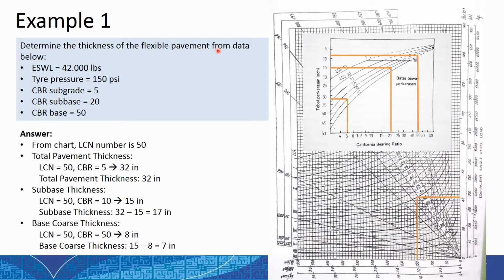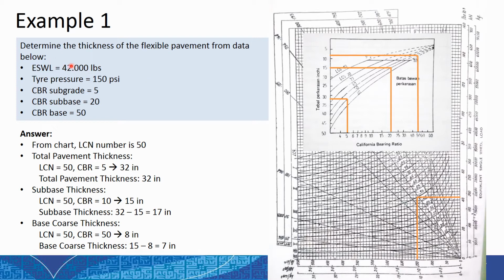First of all, we will use these charts. With these charts, we have to put the equivalent single wheel load number here. From the question, we already know the ESWL is 42,000.